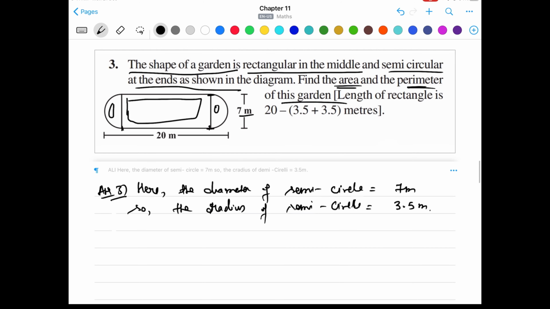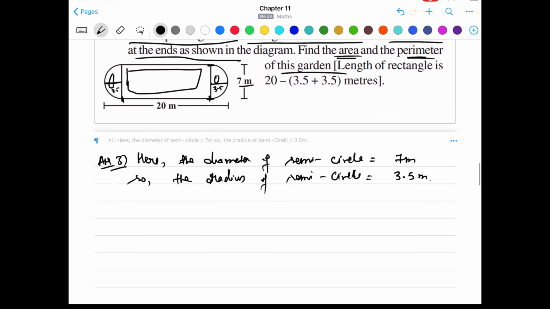Now this gives that this length from the center of the semicircle is 3.5, which is the radius of this semicircle region. Similarly, the radius of this part will be 3.5. Hence the length of the rectangular region will be 20 minus 3.5 and 3.5.